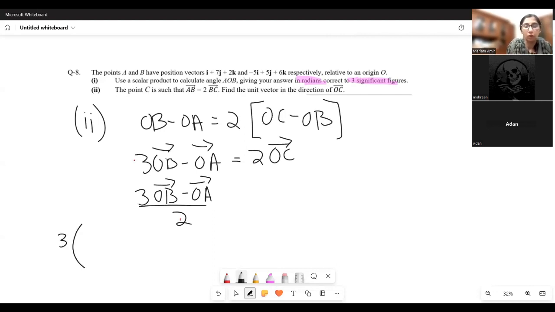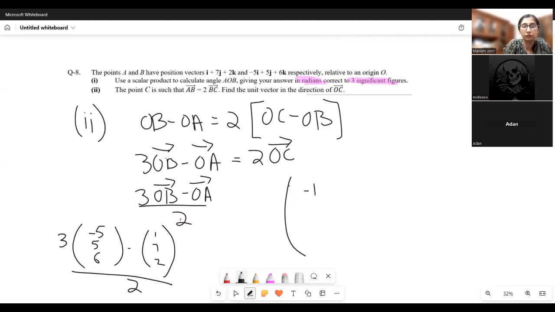3 times OB is minus 5, 5, 6, minus OA is 1, 7, 2, and the whole divided by 2. So we're getting minus 15 minus 1, then 15 minus 7, then 18 minus 2.